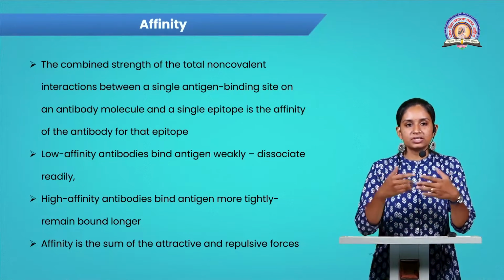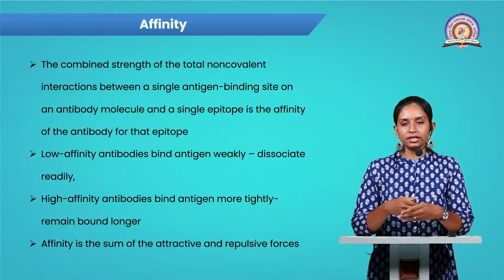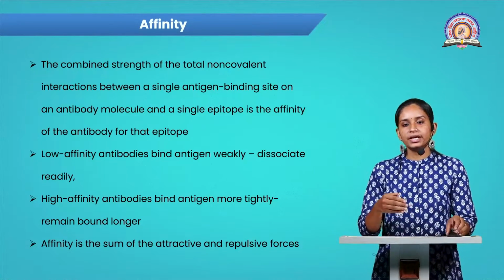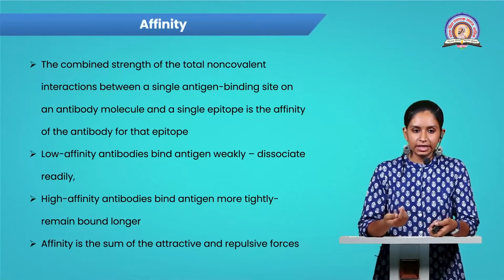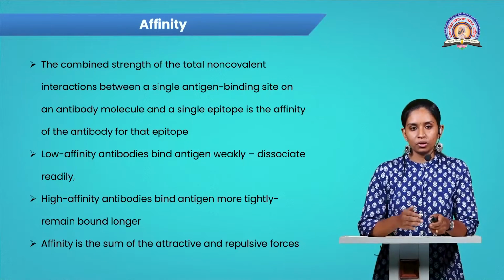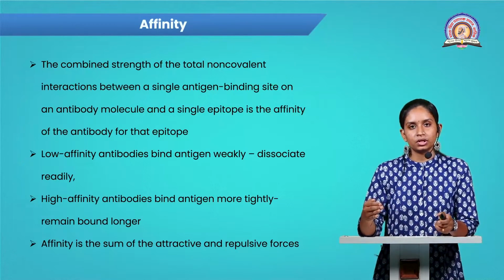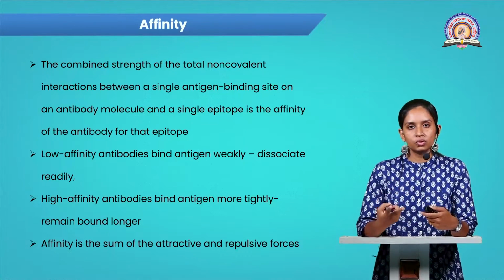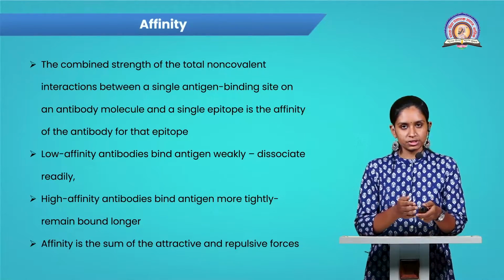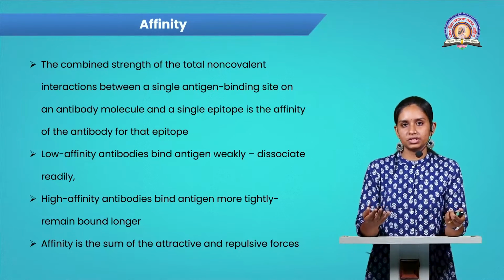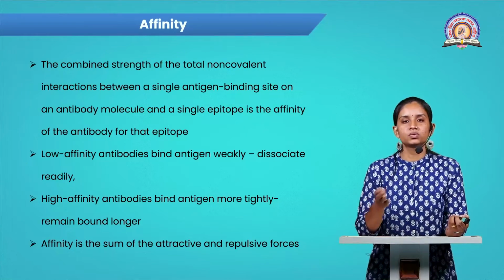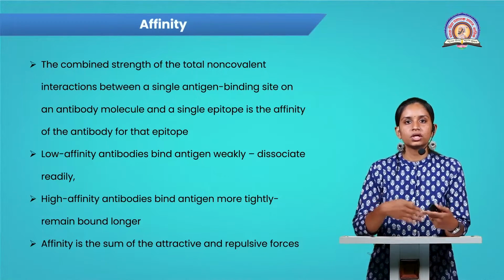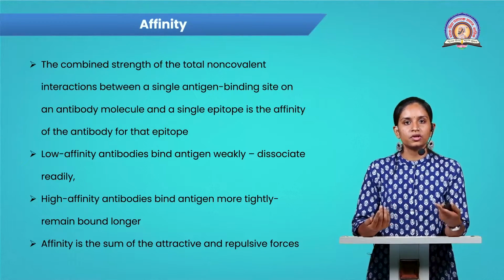But if this strength or affinity is higher, then this antigen will bind more tightly and it will remain bound for a longer duration. Now in this affinity there are two forces involved. One is attractive forces and the second one is repulsive forces. So as a result of these two types of forces, the strength of interaction is going to vary.